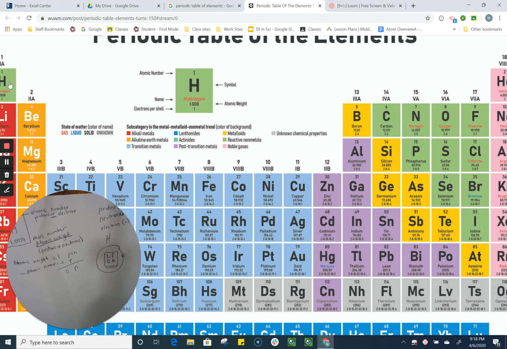Notice that the atoms in the periodic table increase sequentially going across the table. So let's talk about lithium next.